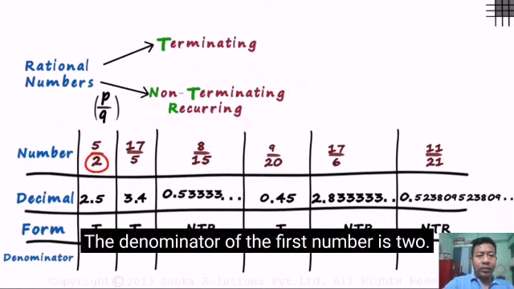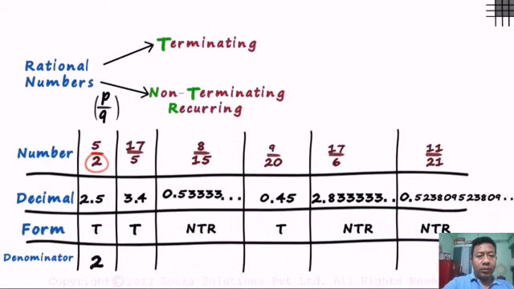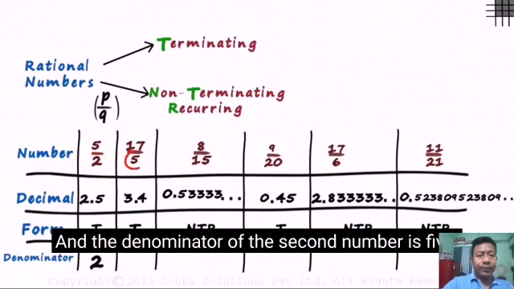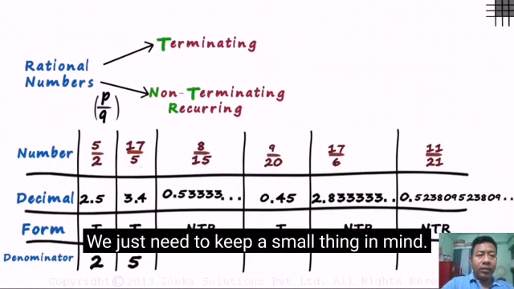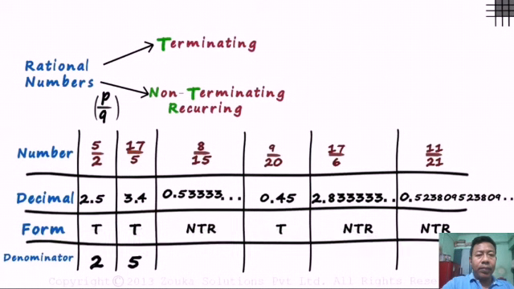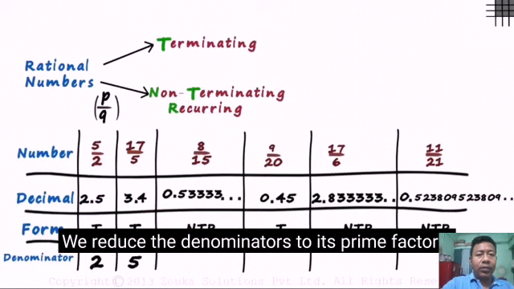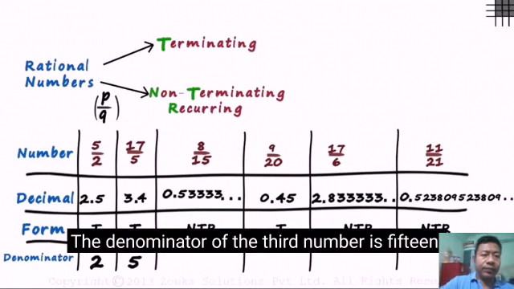So when you see the denominators, the first fraction has 2. So it is terminating. 5 is also terminating. Next, 15: we reduce the denominator into prime factors. We have 3 and 5.